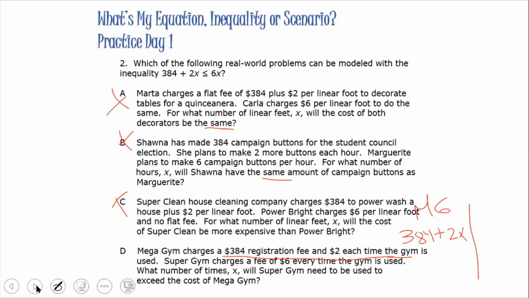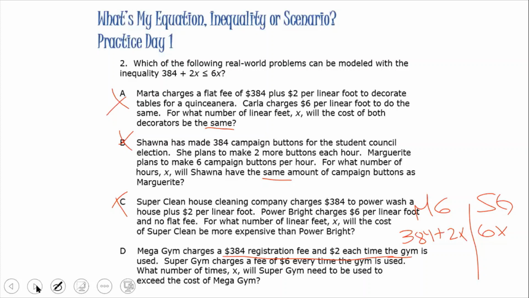And I'm going to say Super Gym charges a fee of $6 every time the gym is used, okay? What number of times, x, will Super Gym need to be used to exceed Mega Gym? Okay? So we have the expressions on opposite sides, right? So now we have to do the answer.